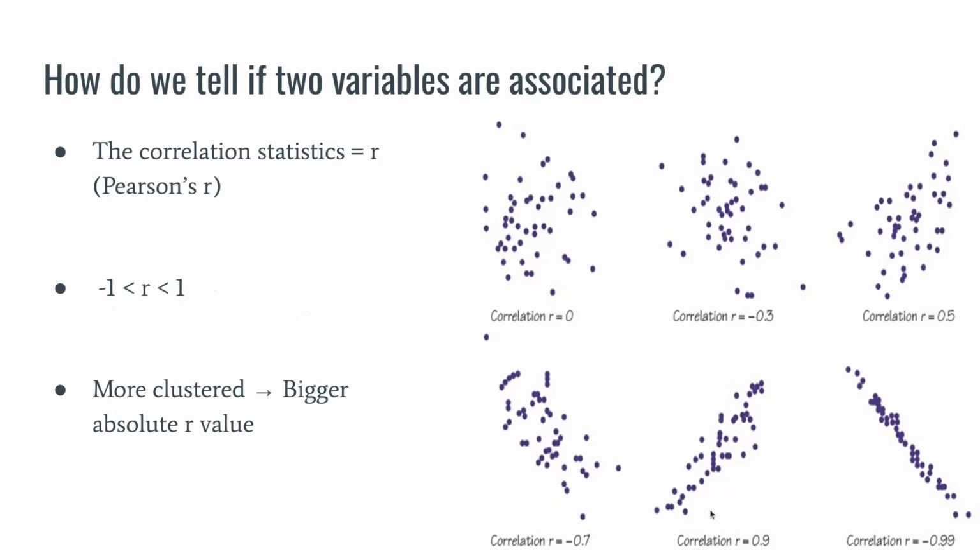So if you look at this example of correlation coefficient R 0.9 or correlation coefficient R negative 0.99, you can see that the relationship looks really strong. On the other hand, when we have a small r value, 0 or negative 0.3, we don't see a strong relationship. We see a weak relationship.